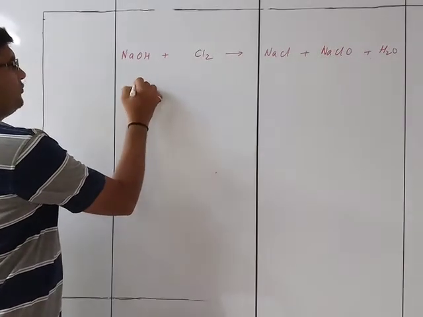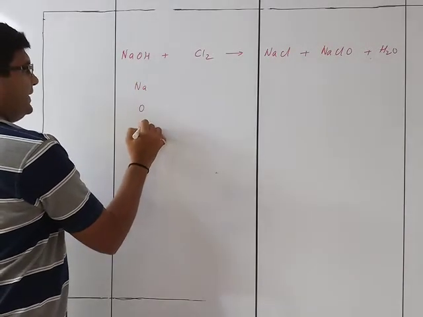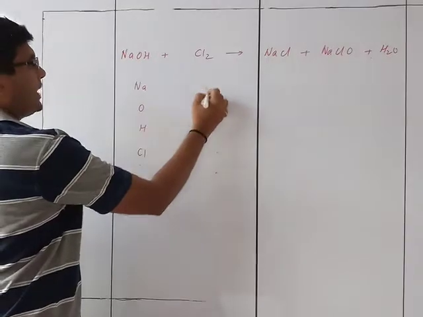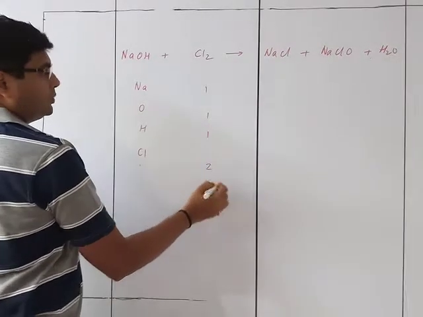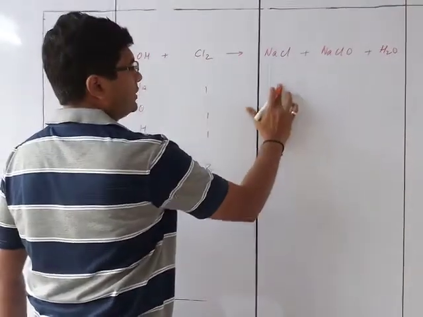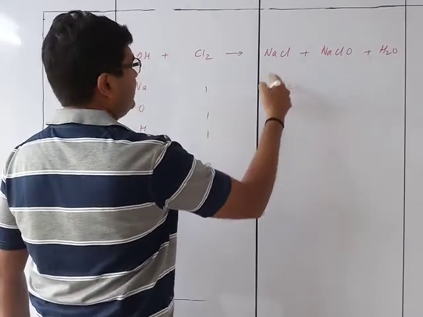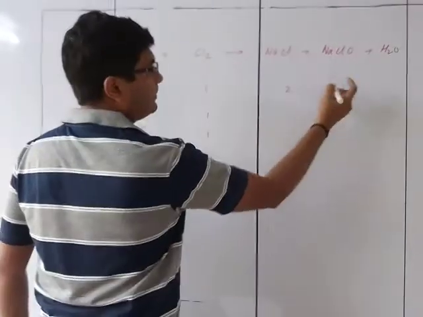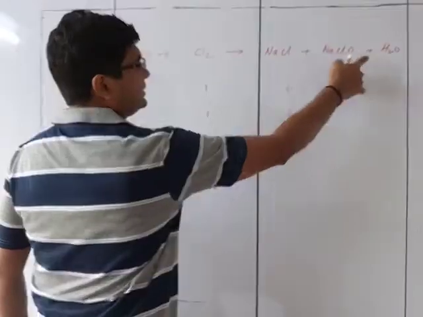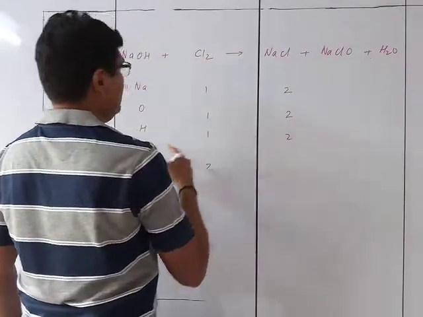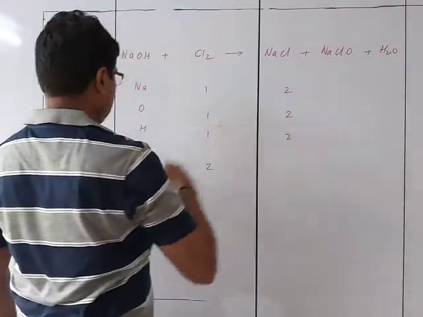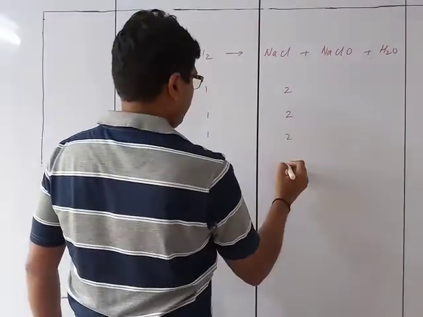So we have first of all Na, then O, then H, and then Cl. Over here 1, 1, 1 and 2. Over here it is 2, and then O is 1 plus 1, 2. H is 2 over here. Yeah, 2, and Cl is 1, 2 over here.